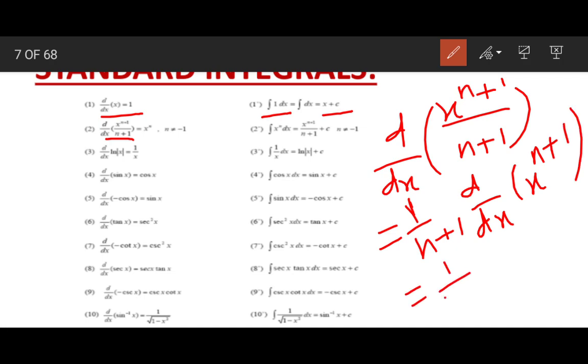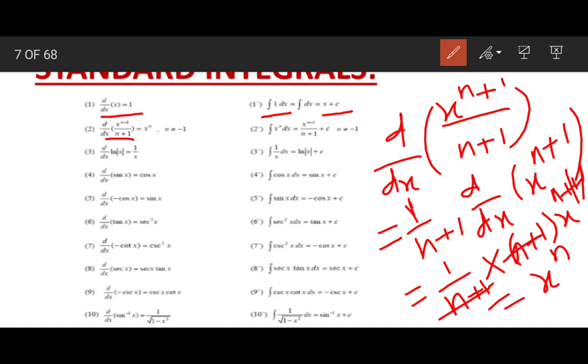So that will be 1 upon n plus 1 into, using the formula, n plus 1 into x raised to n plus 1 minus 1. The n plus 1 cancels, so I get derivative as x raised to n.